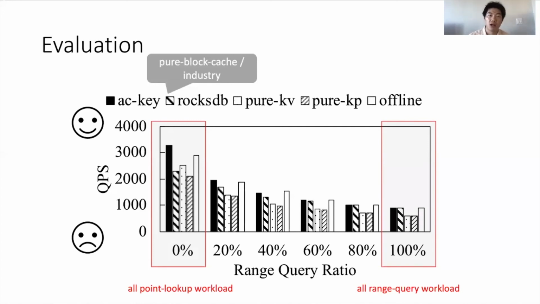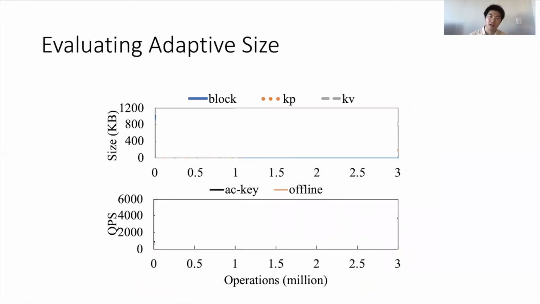To show direct evidence of how the adaptation works, we have the next test, where we construct a phase-changing workload. In the first phase, we have a pure range query workload, and later we change it to a pure point lookup workload. We have two figures.